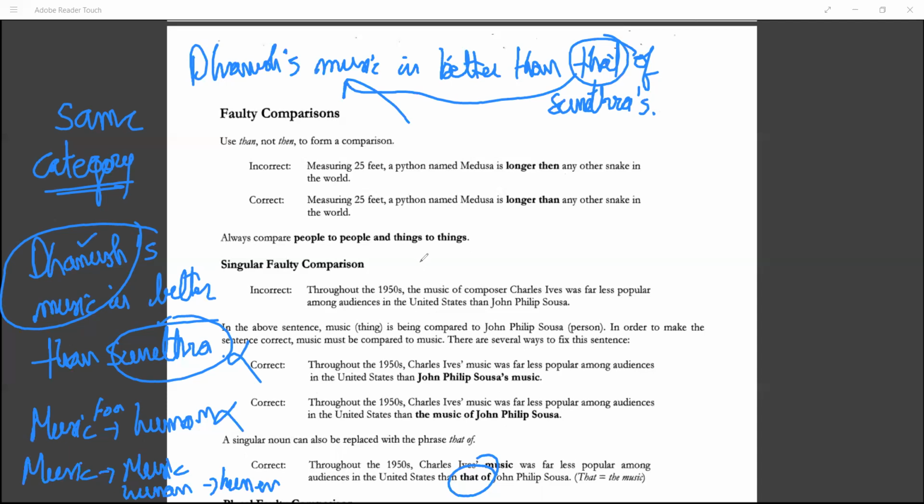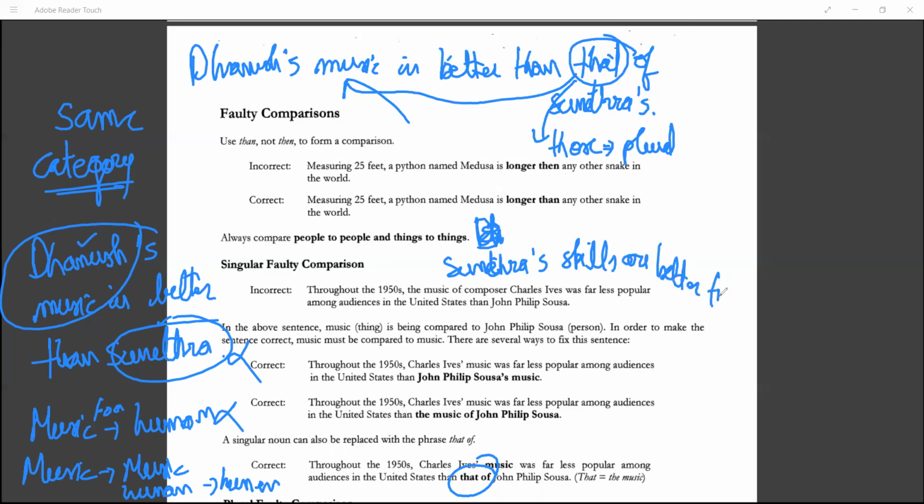Now, instead of that, you can use those when the comparison is plural. For example, Sunetra's skills are better than those of Dhanush.